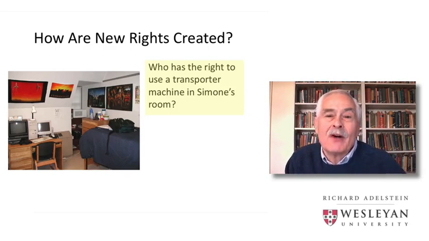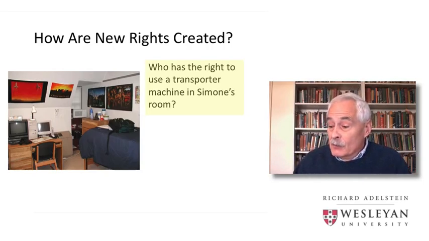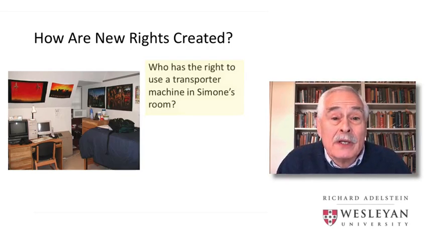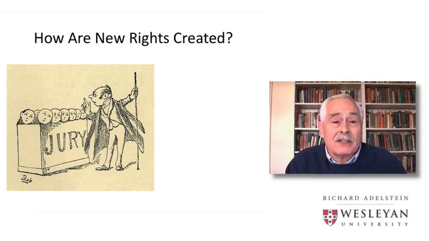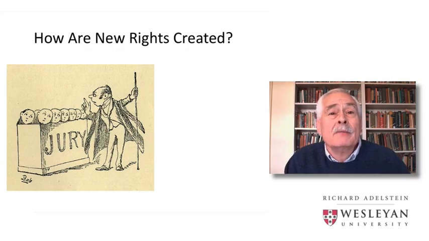How typically do we find out who is the proper owner or the initial owner of the transporter machine right? Well, in the United States, we typically go to a legal authority, as we'll hypothesize in the next lecture, a court. And so we can imagine that courts make decisions to resolve disputes like those between Simone and her neighbors over the operation of the transporter machine over and over and over again.